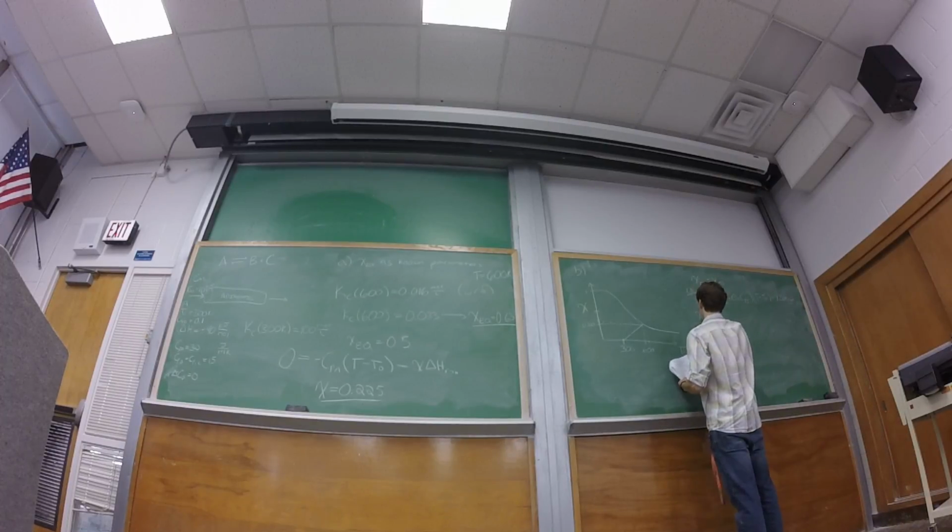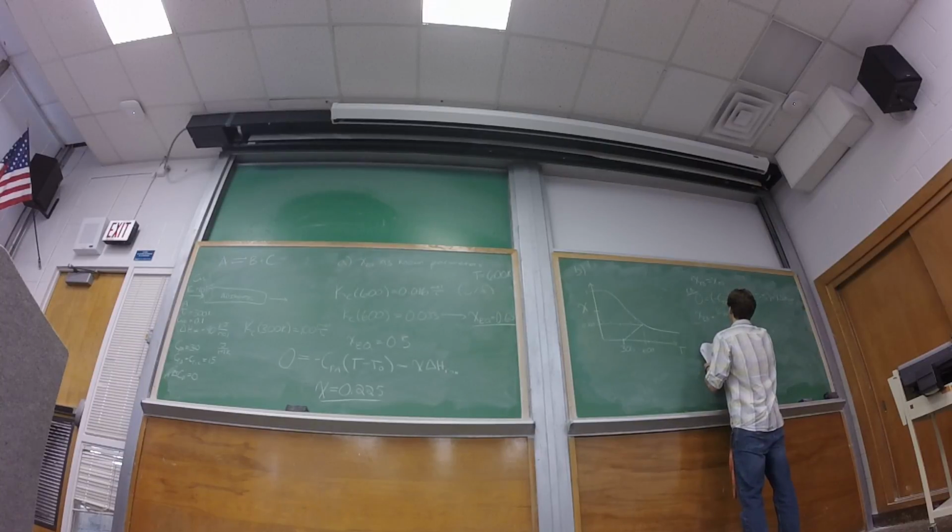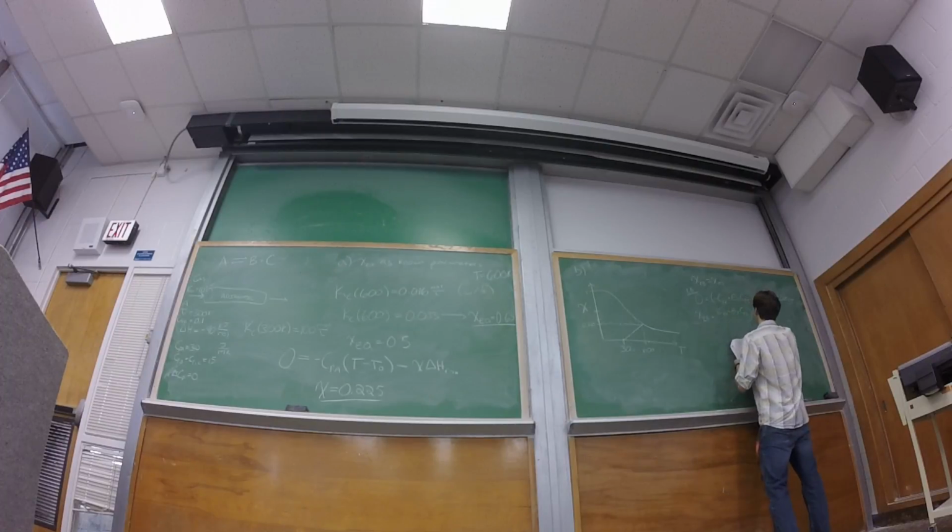So you get X_EB is equal to, CPA plus I. Why are the CPs different signs? I think that's supposed to be positive.